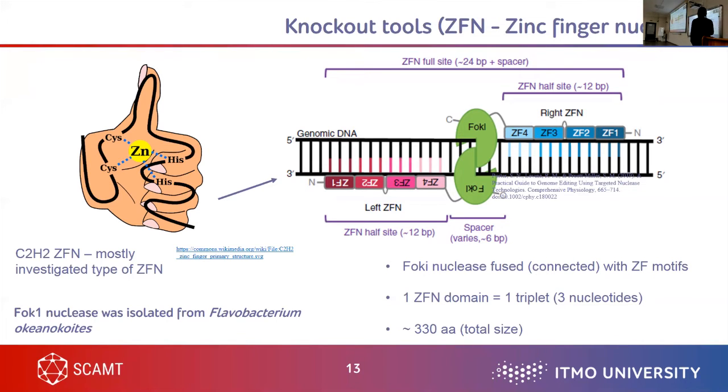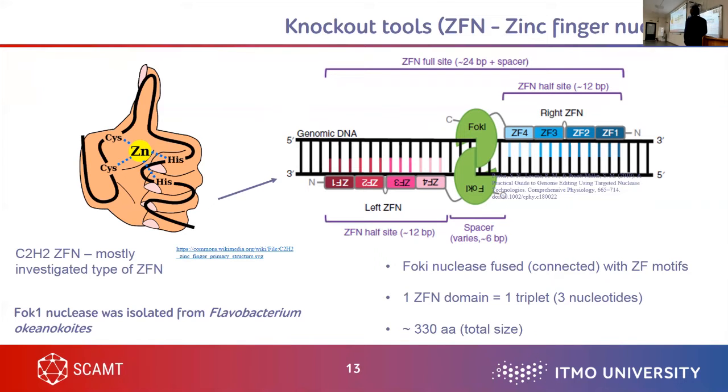The zinc finger is made of 4 zinc finger domains. The conformation reminds us of a fist with folded fingers, and each domain has this conformation.